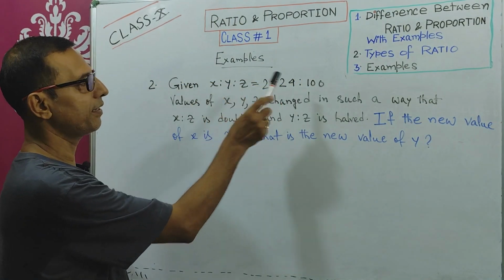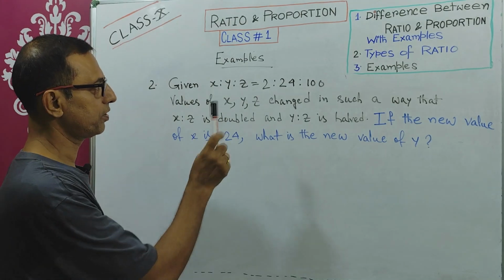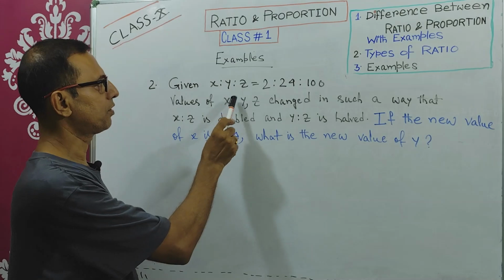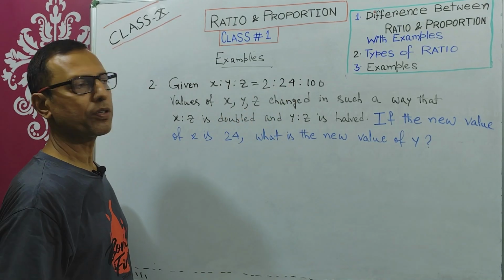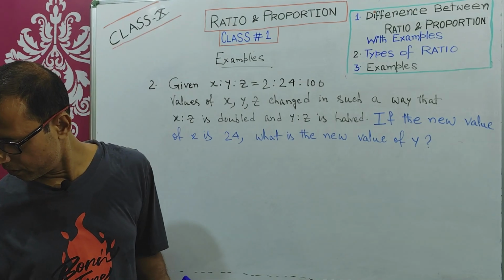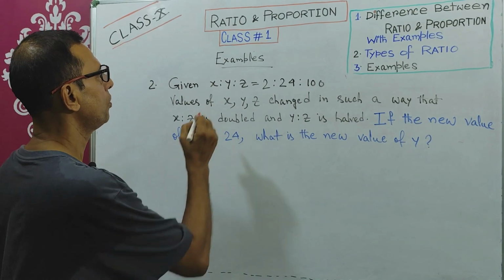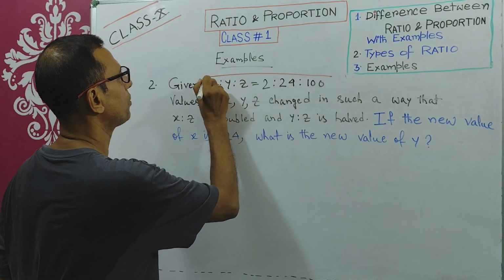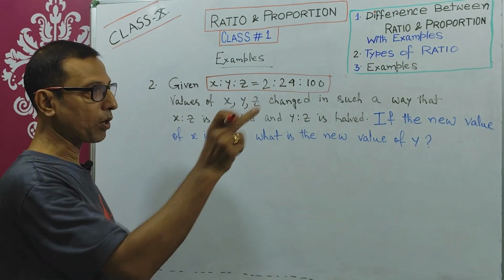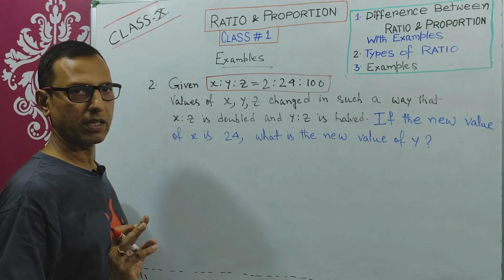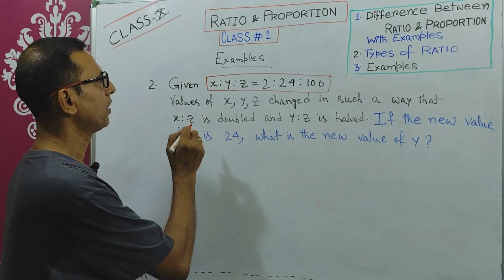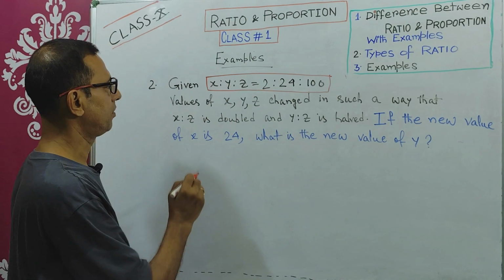See, this is another interesting example. First you understand the problem. Given x is to y is to z equals 2 is to 24 is to 100. This is the given condition. When you read out a problem sum, I hope you know by this time already, the main condition you need to focus upon. So this is one given part.